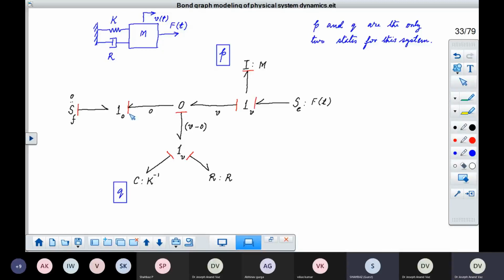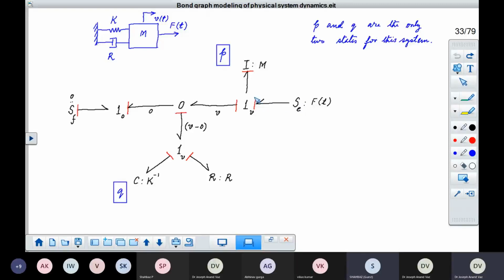It will come here like this. And then this bond is bringing in flow into the zero junction, but that doesn't help us much because so far we have not caused the other bonds. So we start with this source.